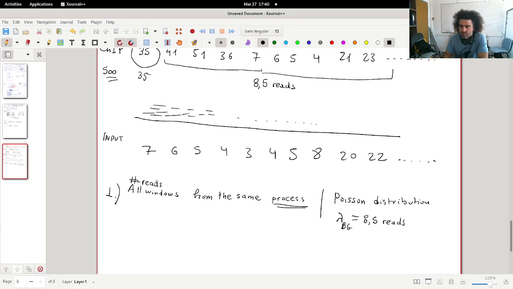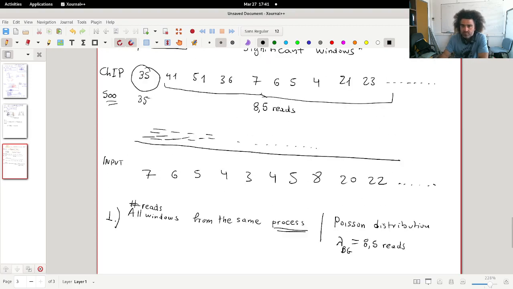And let's call it lambda background, because it tries to obtain insights into the random process that generates the number of reads based on the whole genome background of a window, so of the ChIP genome. Okay.